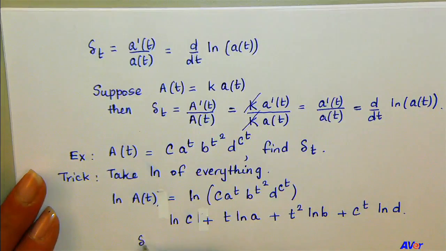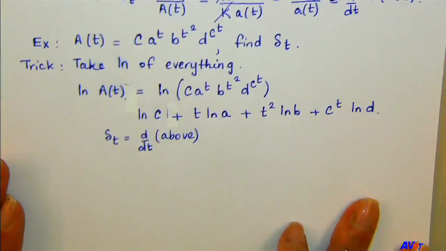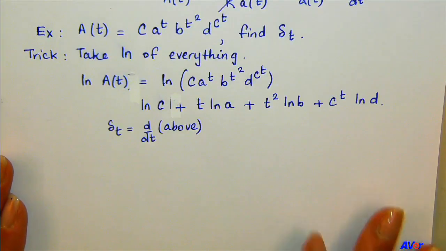So delta of t is equal to d/dt of the above. Let's take the derivative with respect to t of this above statement.